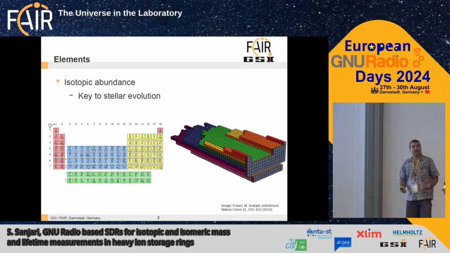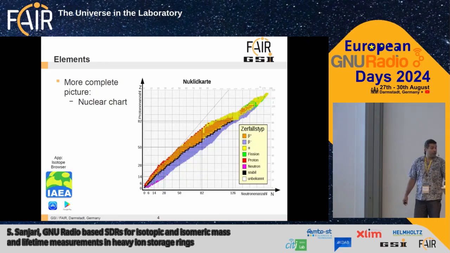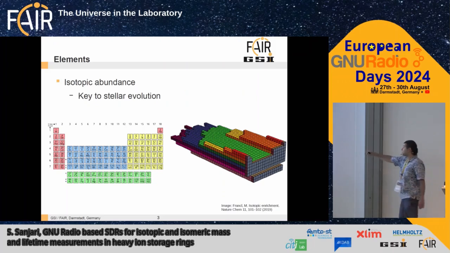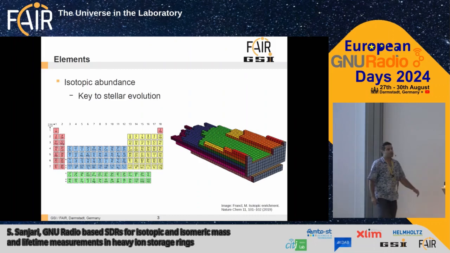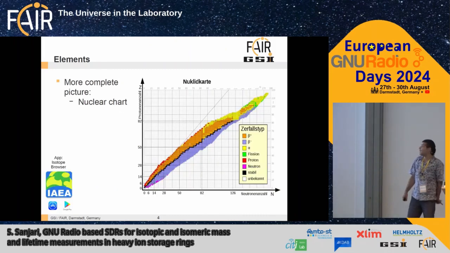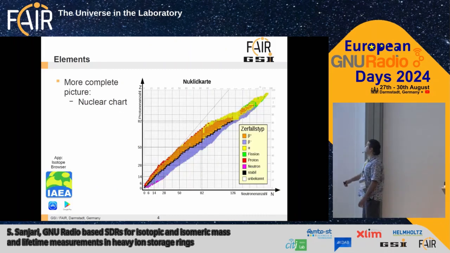That's one thing that people in the nuclear physics and nuclear astrophysics community very much like. So instead of using this picture on the right side, people redistribute this map into a much more readable map, which is called the nuclear chart. The nuclear chart immediately tells you all the information: the number of neutrons here and the number of protons there.